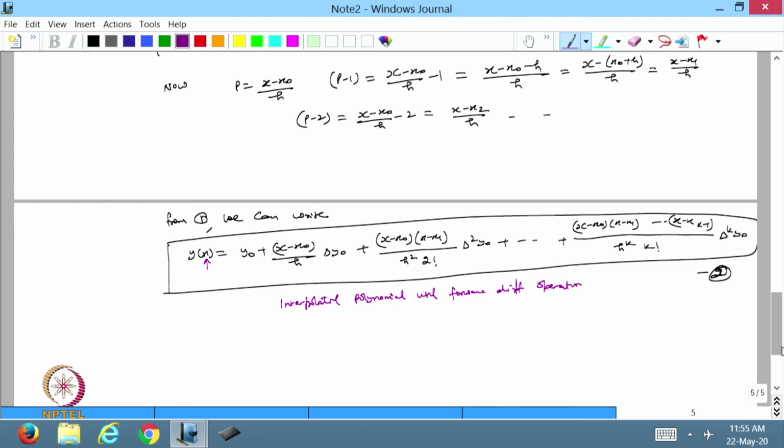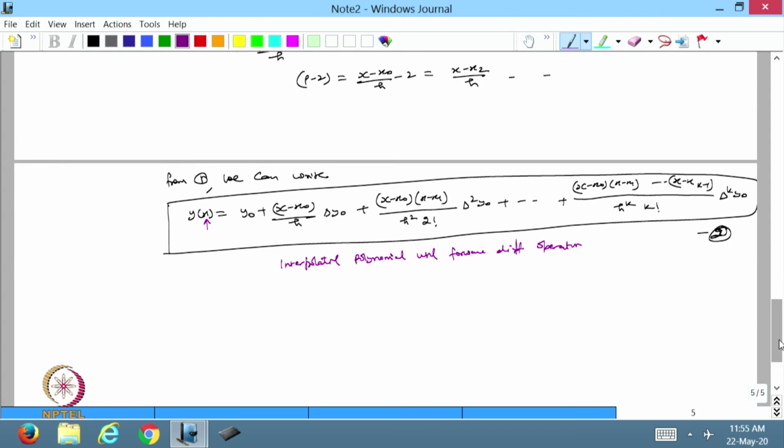So, now the question is how we can use this one. Now, if you see from here, I need to find what is the first difference, what is the second difference, and what is the kth difference.